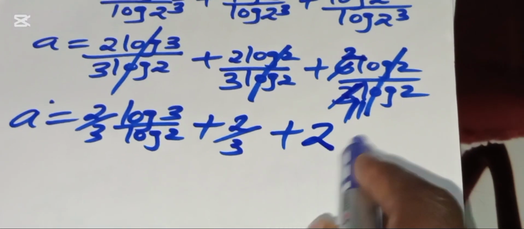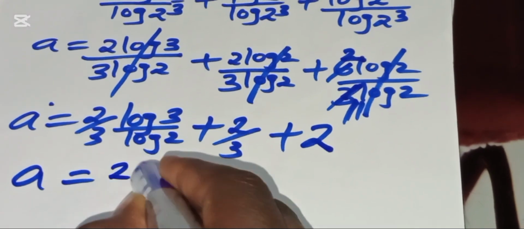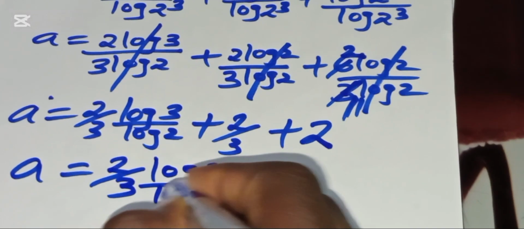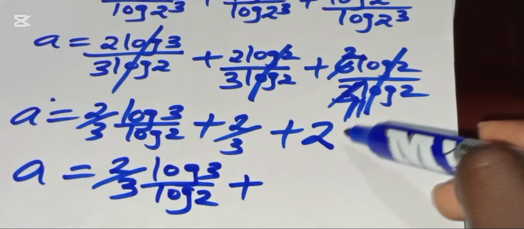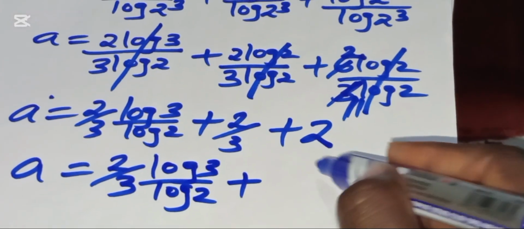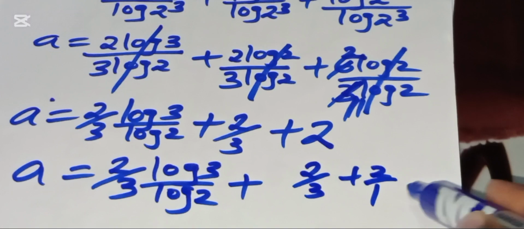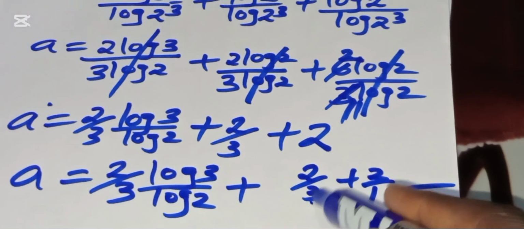Now from what we have here, a is equal to 2 over 3 log 3 divided by log 2 plus, now we have 2 over 3 plus 2. Okay, so the LCM here is 3. So 3 divided by 3 is 1 times 2.